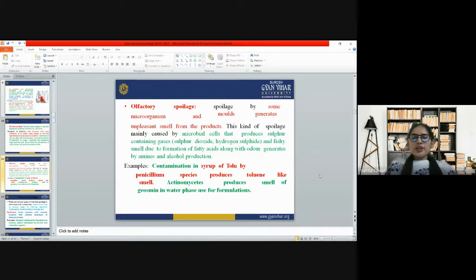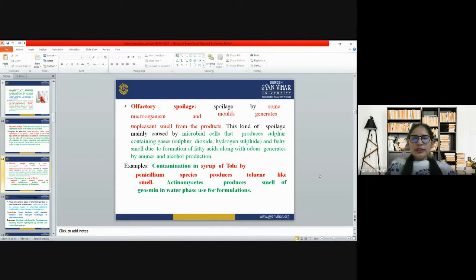This kind of spoilage is mainly caused by microbial cells that produce sulfur-containing gases like sulfur dioxide and hydrogen sulfide. They also cause a fishy smell due to the formation of fatty acids, along with odor generated by amine and alcohol production.